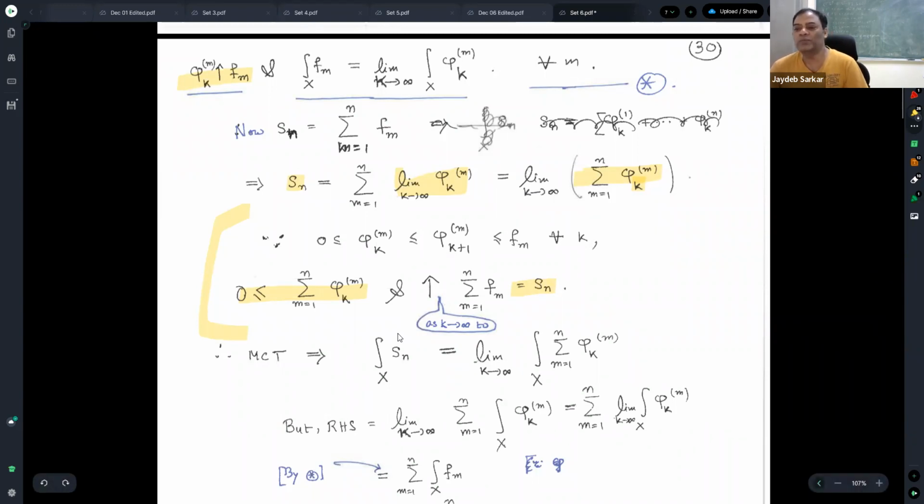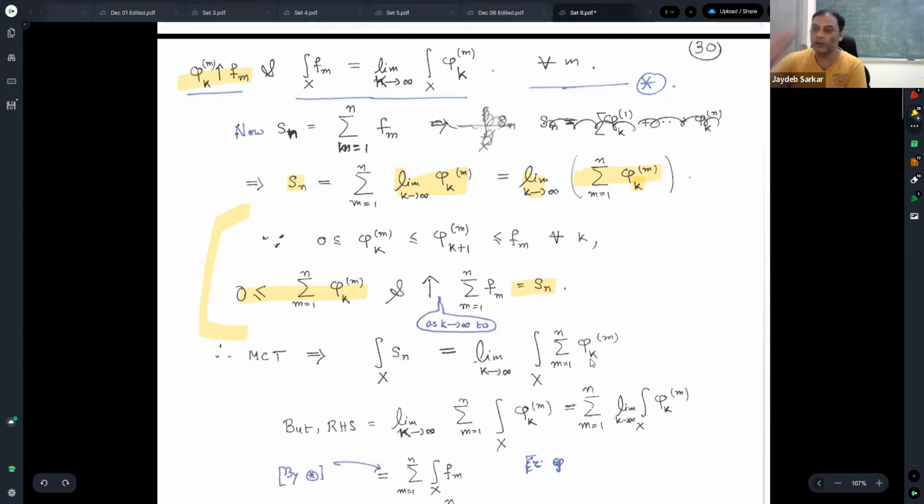So now you can appeal to MCT. The integration of Sn is going to be the limit of the integration of this sum, right? That's MCT. So you know the integration of Sn over X is the limit of the integration of the sum of this phi_mk, the simple functions.